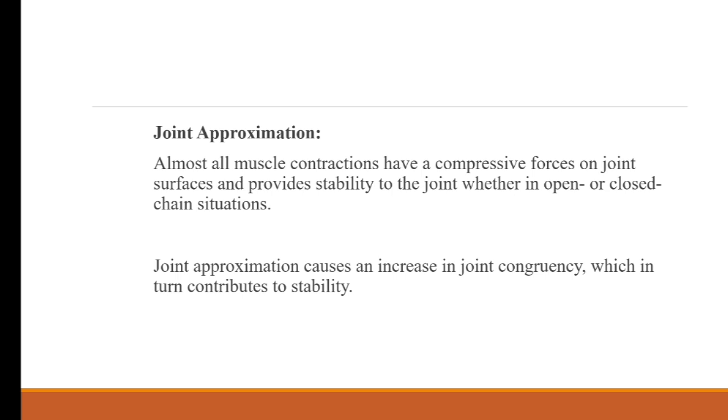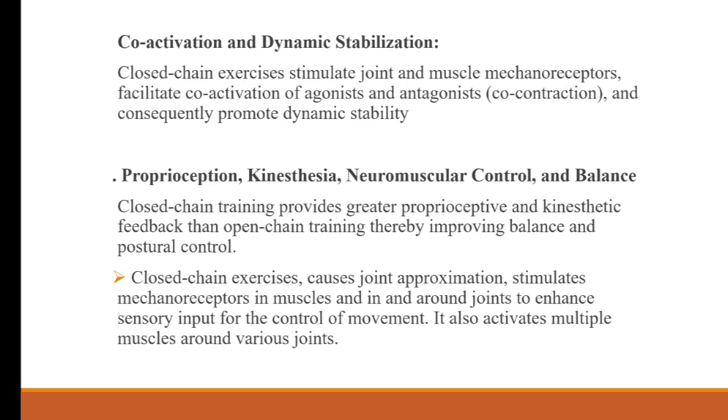Then joint approximation. Almost all muscle contractions have compressive forces on joint surface and provide stability to the joint, whether open or closed chain situation. Joint approximation causes increase in joint congruency, which in turn contributes to the stability. So there is co-activation and dynamic stabilization, because these exercises stimulate the joint and muscle mechanoreceptors, which further co-activate the agonist and antagonist and promote the dynamic stability.